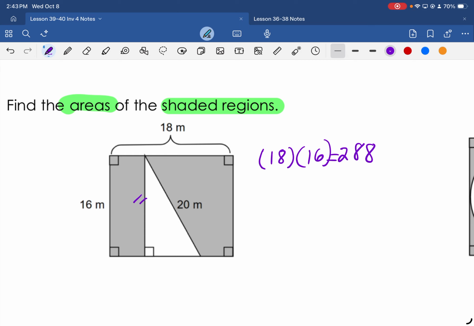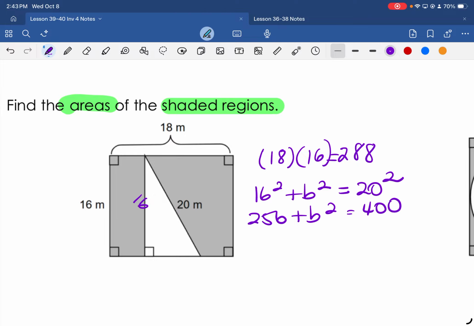If I know that this is 16, you're going to do 16 squared plus b squared equals 20 squared. Yeah, 16 squared plus b squared equals 20 squared. We're going to use Pythagorean theorem in order to find that missing base that I needed. So 400 take out 256 is 144. Take the square root. That means b is 12. So I know that this is 12.